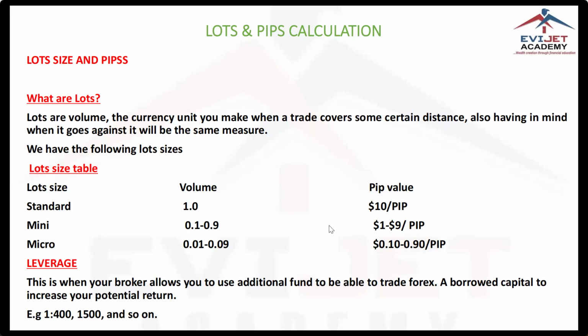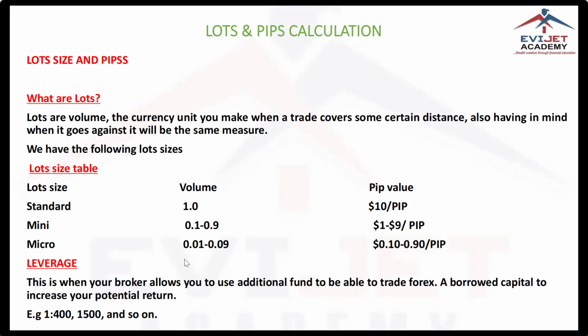If you take a trade with a 30-pip take profit and a 30-pip stop loss, for that 30-pip move you are earning $30. If it goes against you, you are losing $30. But if it was a standard lot size, for that 30-pip move it would be $300. Can you see the difference? So that's for mini lot size.